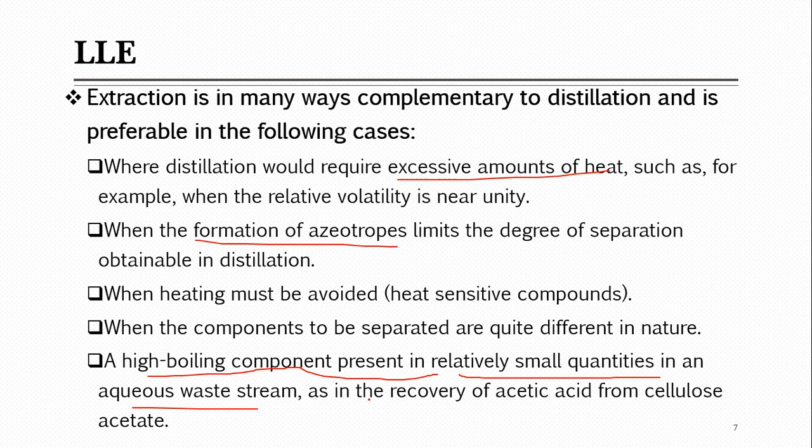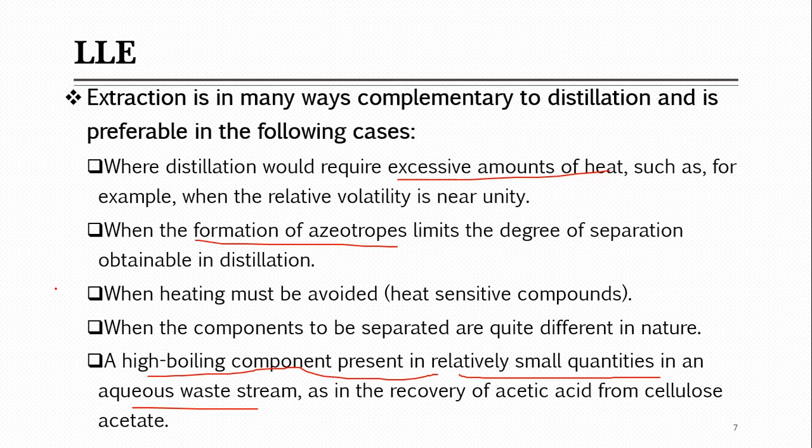Instead of this very expensive process of heating, you can go for liquid extraction. You bring in a component which has better affinity for acetic acid, as we are considering in this example. So you can remove that small amount of acetic acid in a more economical way using liquid extraction, as compared to distillation, which will involve a very large column as well as a very large amount of heat.